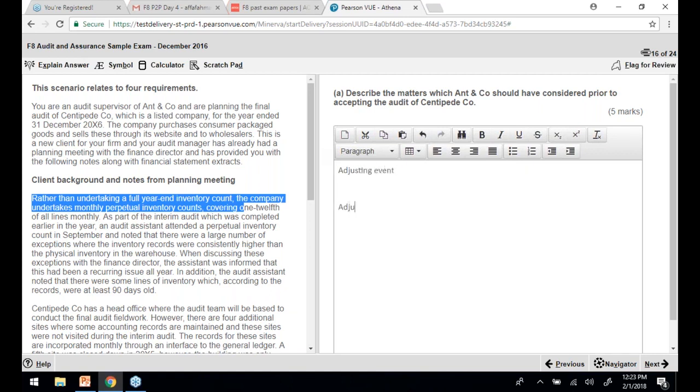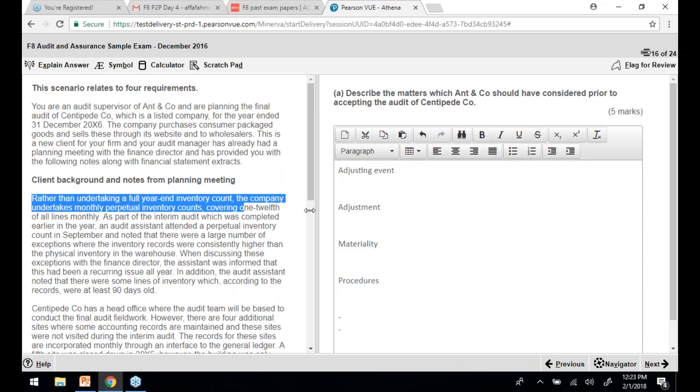I have to comment on the adjustment. I have to comment on materiality. I have to write down the procedures. Without writing down the scenario, at least I can write down 2 procedures. So once my headings are there, I know I have to fill this up by reading the scenario.